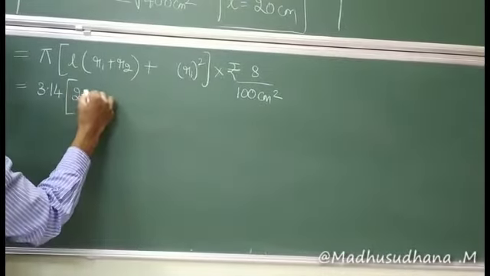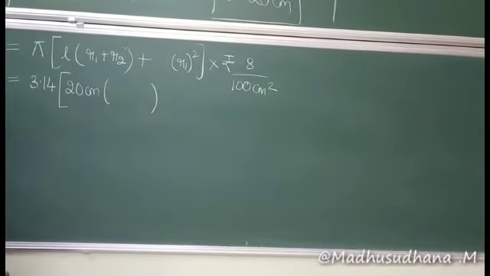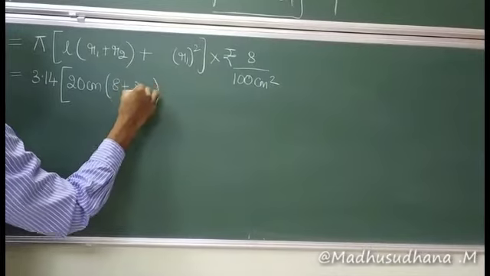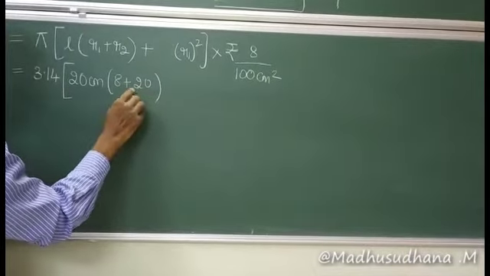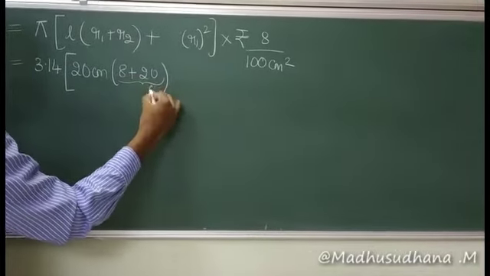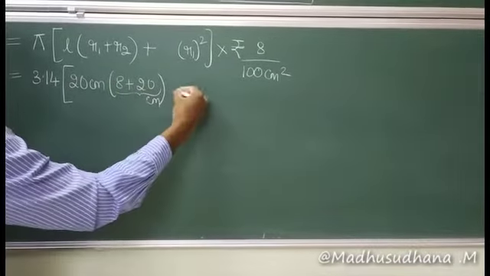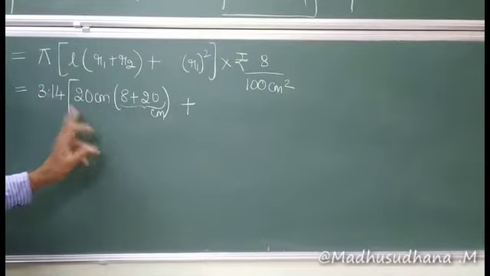So this is 20 centimeters. R1 plus R2, so R1 is 8 plus 20. So 8 plus 20, this is again in centimeters. I have to write everything for you. This part is over, plus pi R1 square.